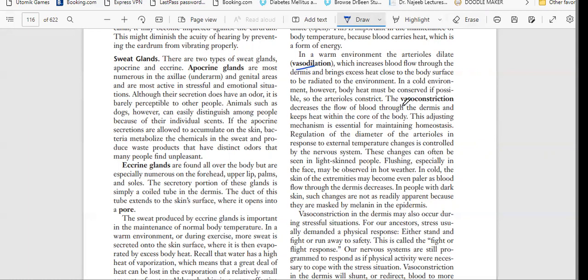Next, what happens? That is vasoconstriction. Vasoconstriction means this is the normal blood vessel. This is the vasodilated. This is the vasoconstricted. Vasoconstricted will decrease the flow of blood through the dermis. Means here the dermis, these are the arterioles. So then the blood supply to the dermis decreases.